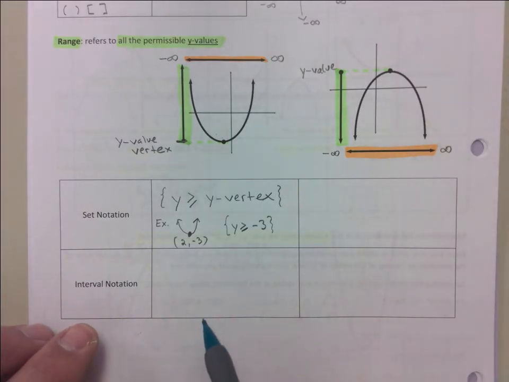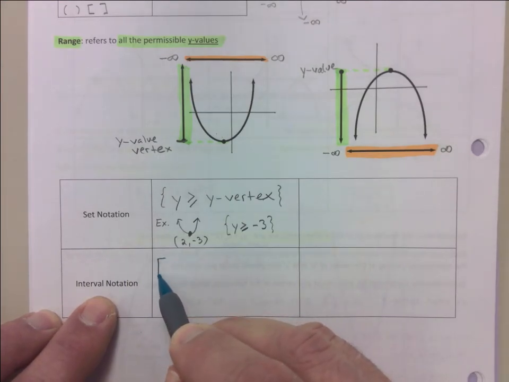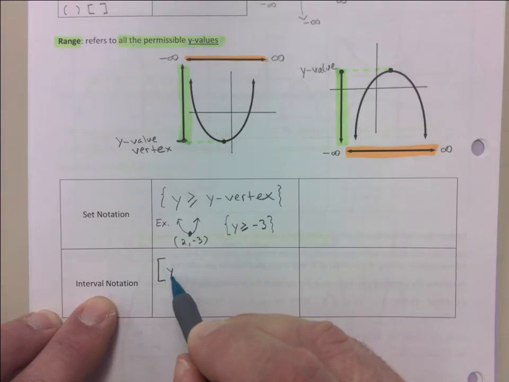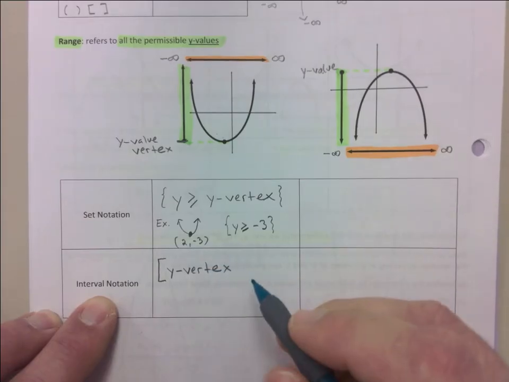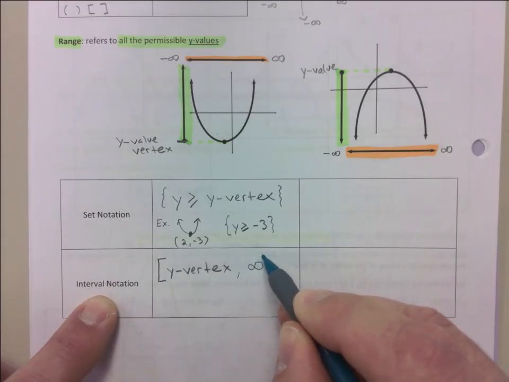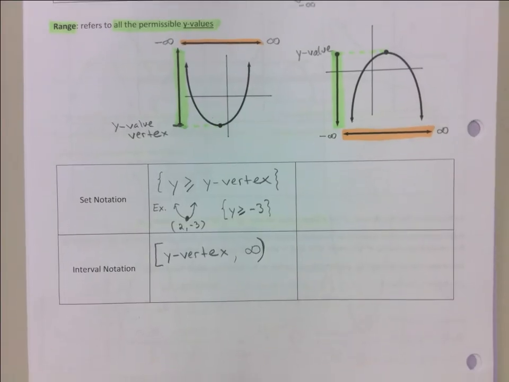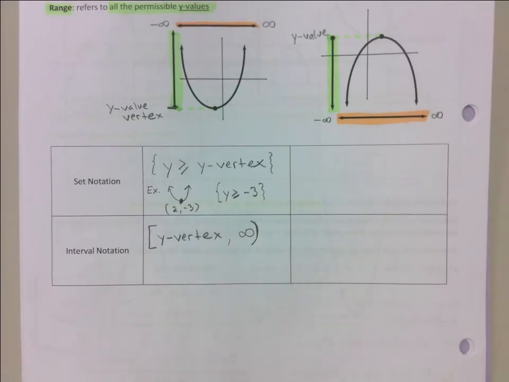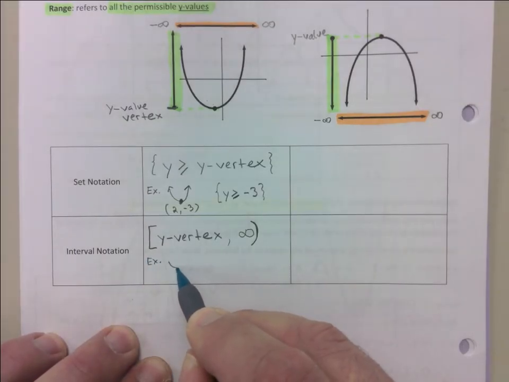When it comes to interval notation, you go from the y of the vertex to positive infinity. And remember, infinity never gets a square bracket. It cannot be contained. So you always put a round bracket around it. So example, you must understand that this is pointing up.